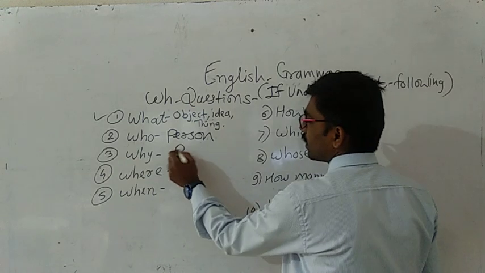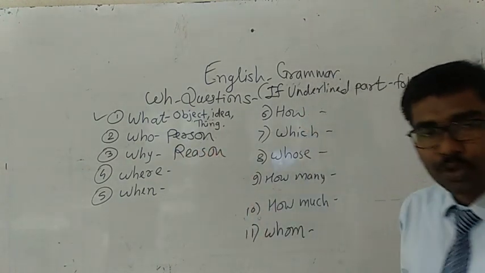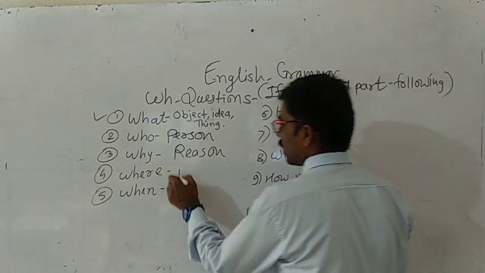If the underlined part is a reason, that time we should use why. If the underlined part is a place, where; time, when; manner, how; choice, which; possession, whose; how many for countable; how much for uncountable; and whom, also sometimes for a person.